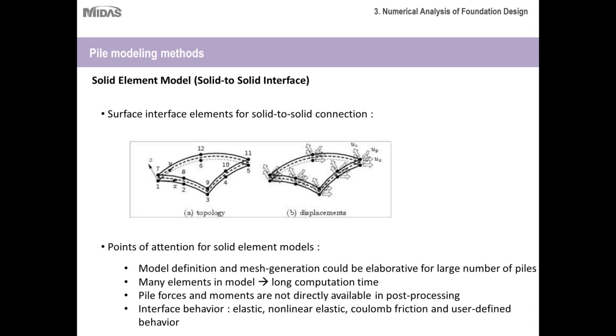And like I mentioned, the interface behavior is represented by the surface between the two solids, and that surface could have different properties. It could be elastic, non-elastic, Mohr Coulomb, and user-defined behavior. So this is one of the advantages of solid-to-solid modeling, that you can control more interface properties as per different material models.